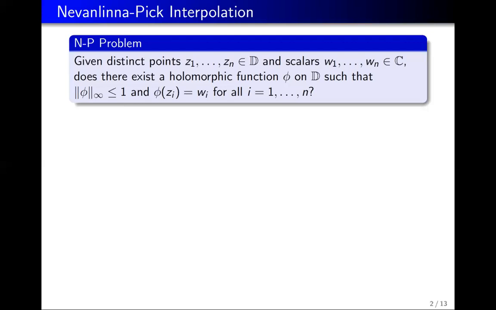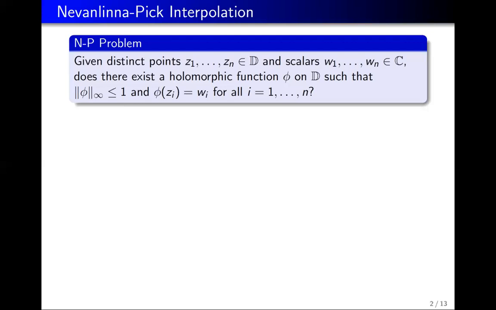And let me tell you that this restriction here, if you remove this restriction that the infinity norm of phi be less or equal to 1, then of course you can find a polynomial of degree n minus 1 which interpolates this data.